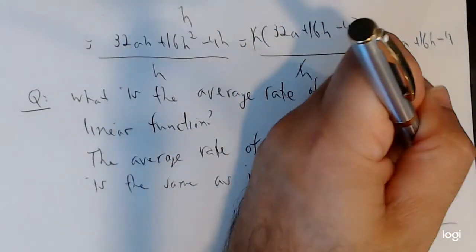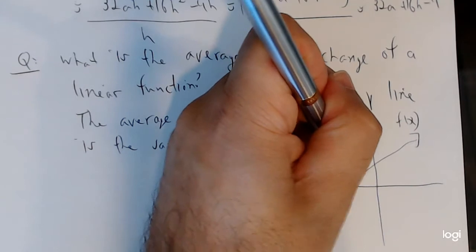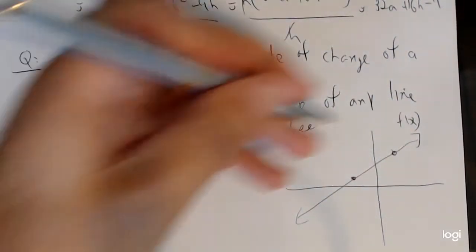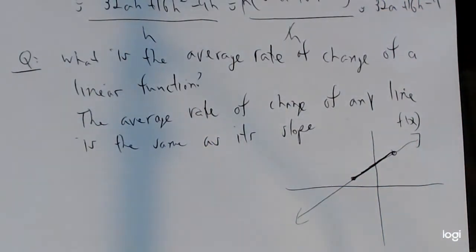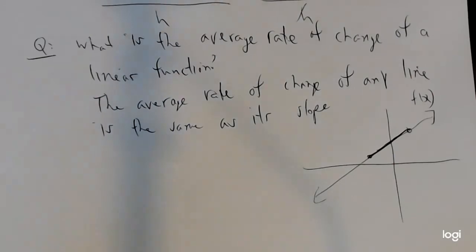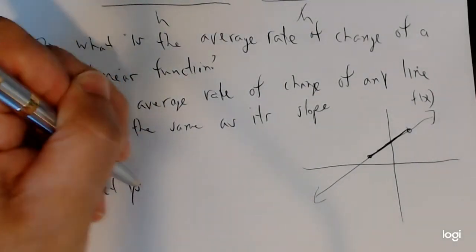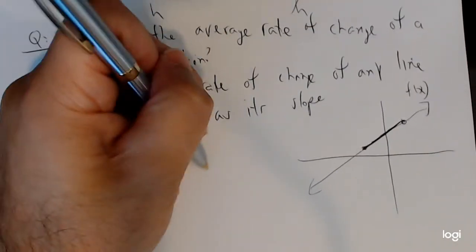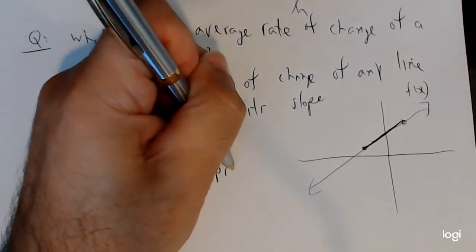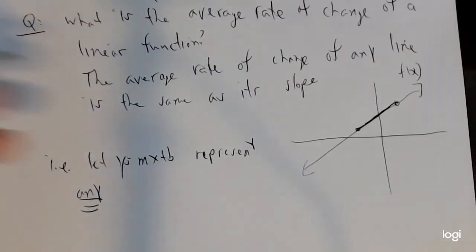Pretend that's my line, f of x, and I pick any 2 points and I say, hey, find the average rate of change from this point to this point. What would you be doing? Finding the slope of that line, which is the same thing as the slope of the original line. Now, algebraically, how do we show it? We would say, for example, let y equal mx plus b represent any line, right?